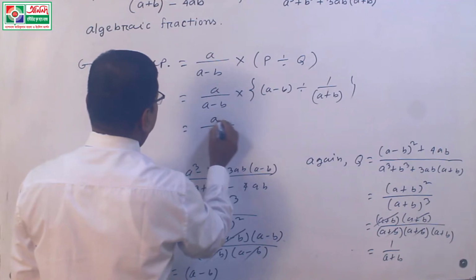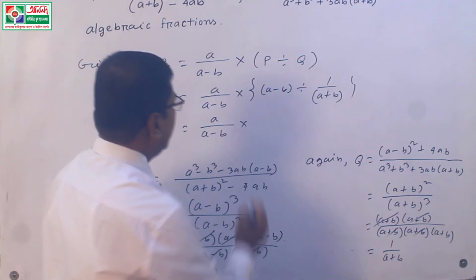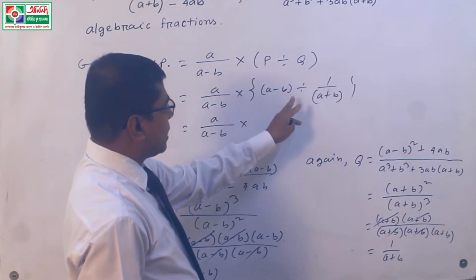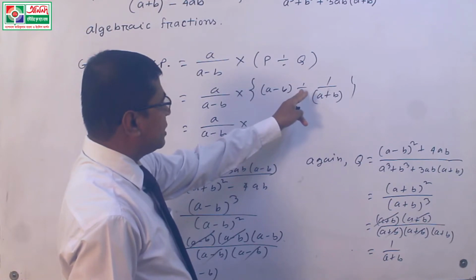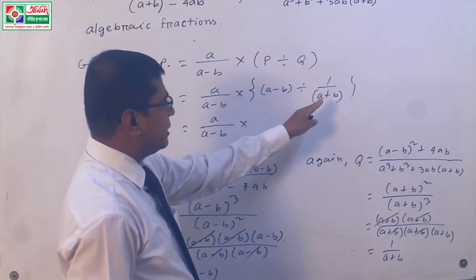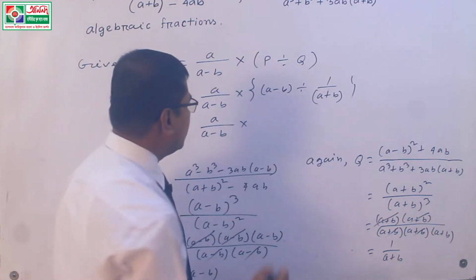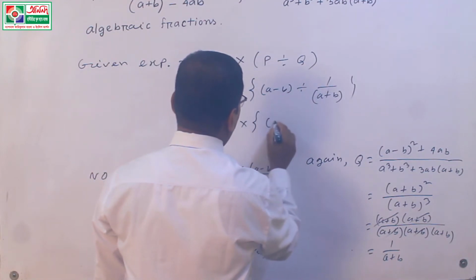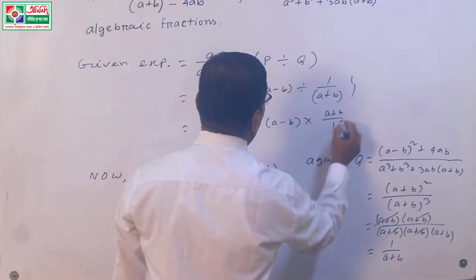Now we can write here a by a minus b multiply. Here look at, two terms are present and the division sign is present. If we multiply it, then we write the next fraction as its opposite fraction. So you can write here a minus b multiply a plus b divided by 1.